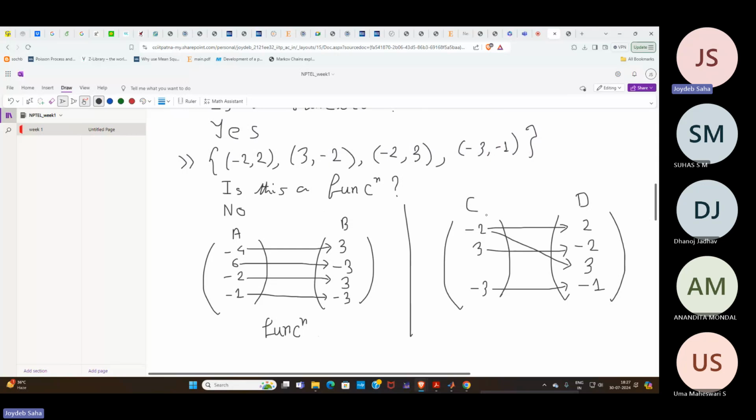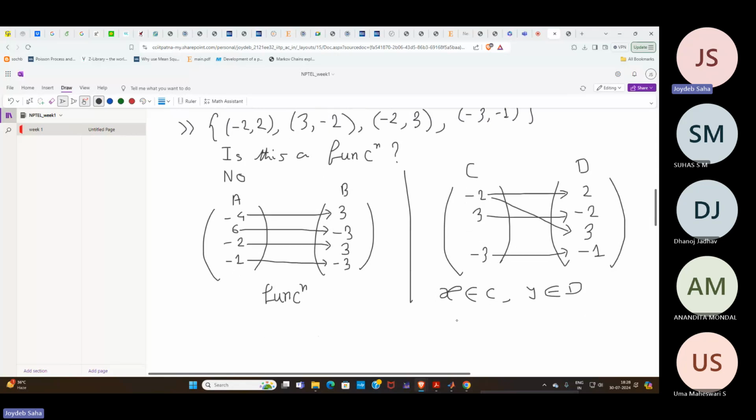So the elements of C are the input, and the output, let's assume Y. Let us say X belongs to C and Y belongs to D, and Y is equal to f of X. We check whether this condition is getting satisfied for a particular f of X. For -2, there are two Y values, right?